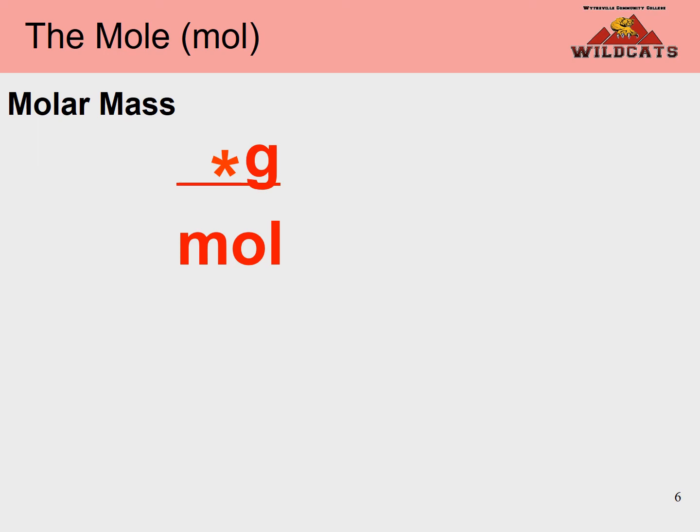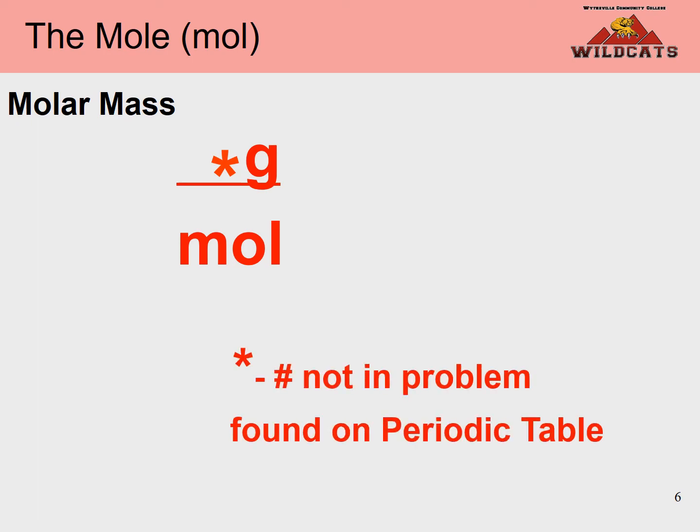Well, molar mass doesn't always have the same number. It all depends on which atoms and which compound and which molecule and which ions you're talking about. So that asterisk that you see means that it's not going to be in the problem. It's most likely going to be found on the periodic table. So you're going to use those masses that are found underneath the symbols on your periodic table.